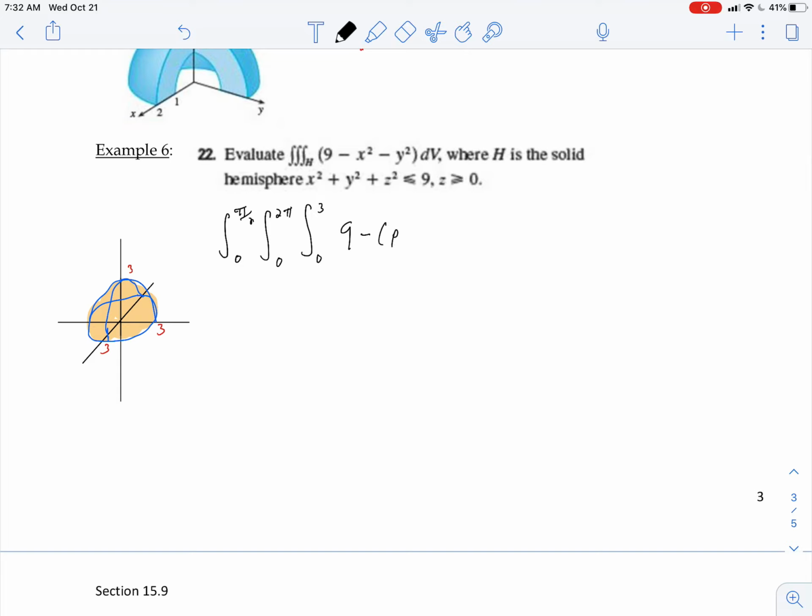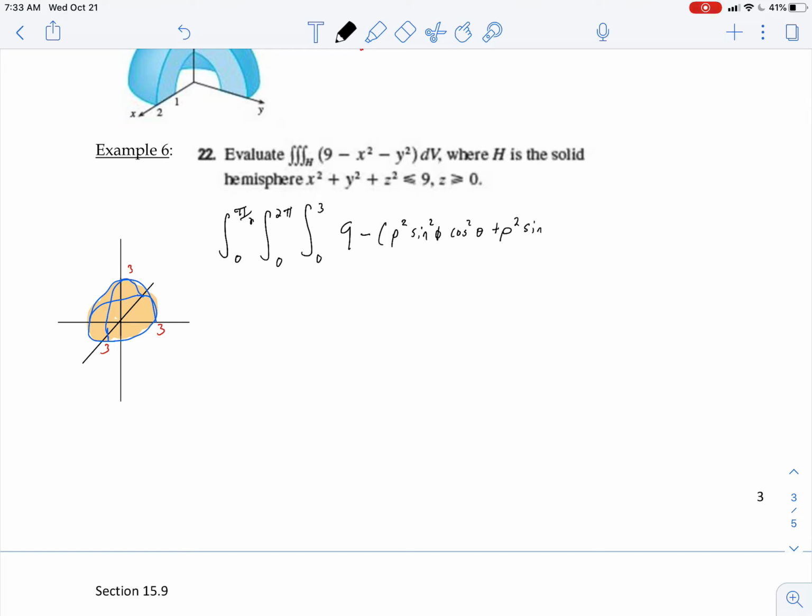Now we're going to have 9 minus x squared, so we're going to have 9 minus rho squared sine squared phi cosine squared theta.